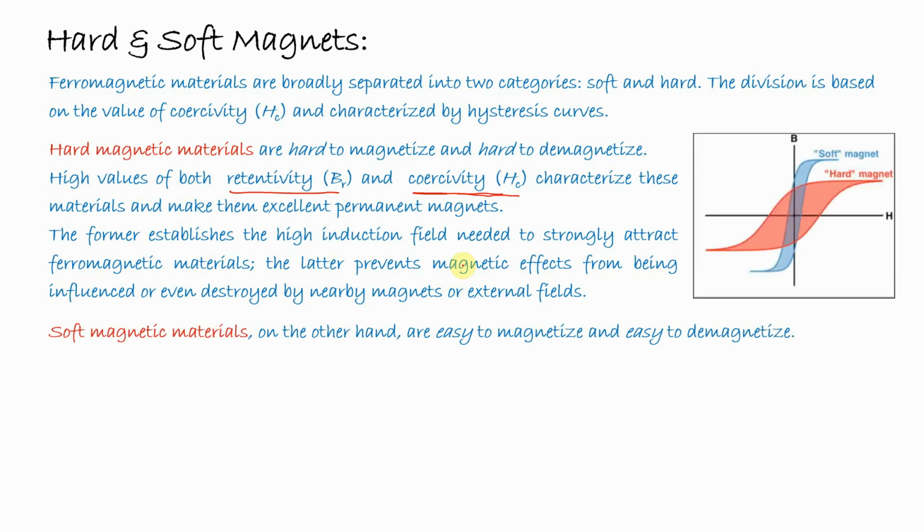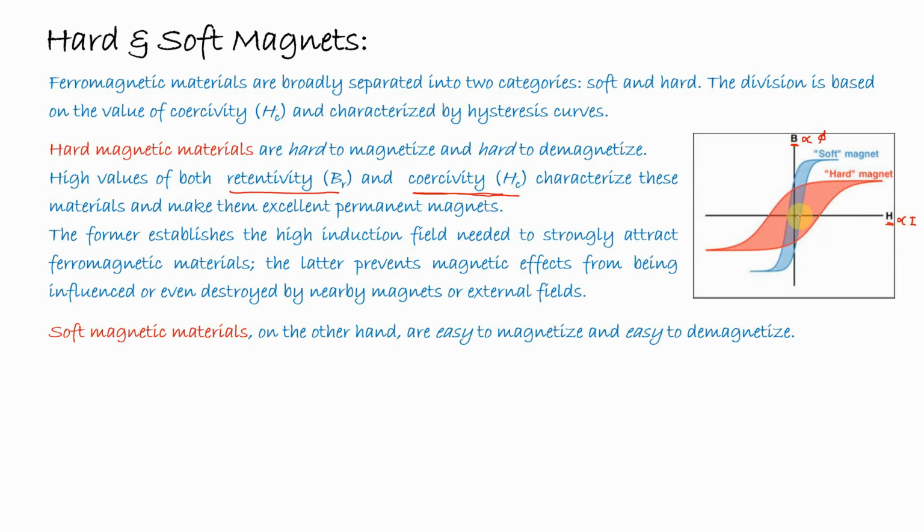Here, the characteristics of the soft and hard magnet are shown, where H is called the magnetic field intensity and B is called the flux density, where B is proportional to flux and H is proportional to the current in case of electromagnet.